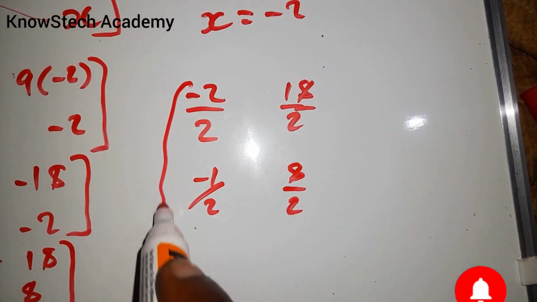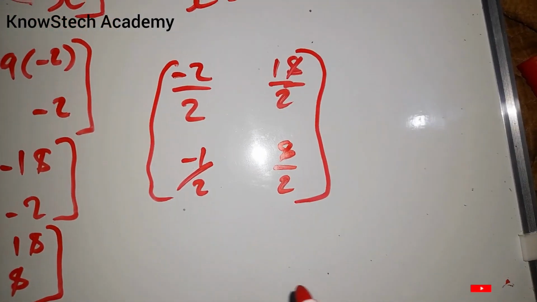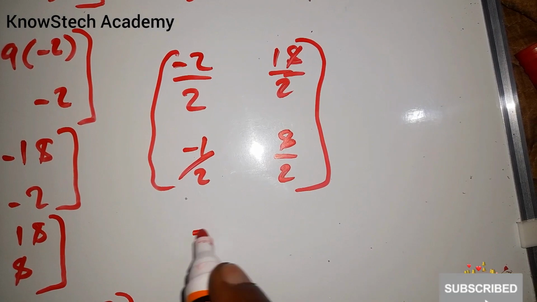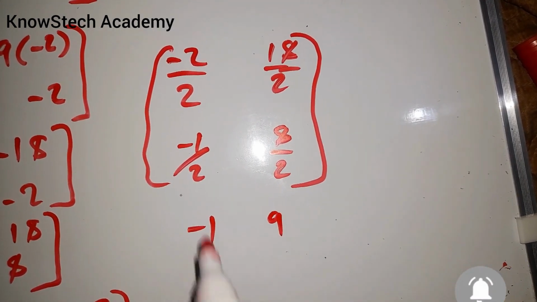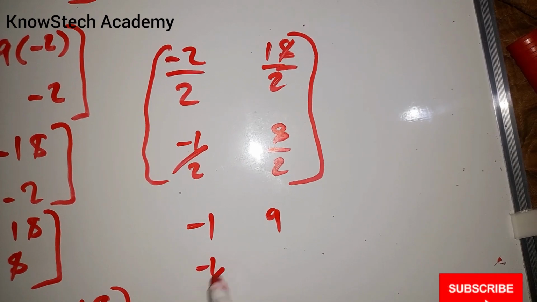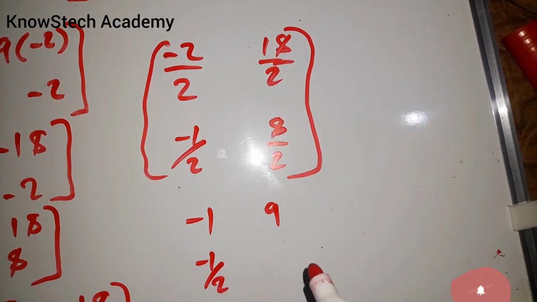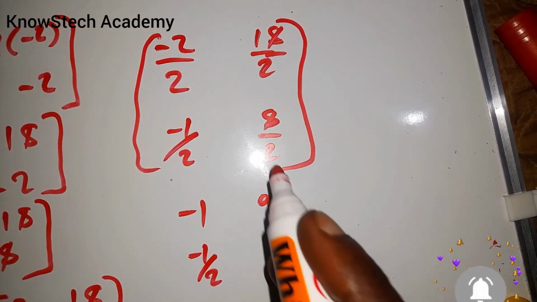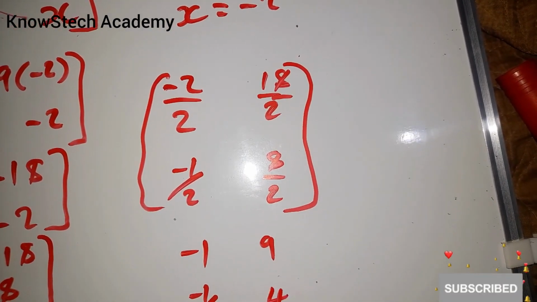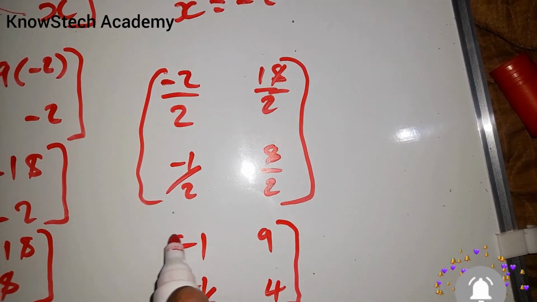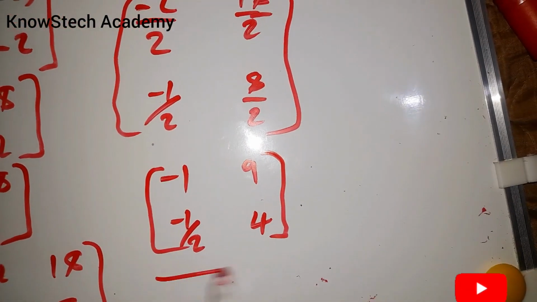Now you can simplify. 2 into -2 is -1. 2 into 18 is simply 9. Here you can just leave it the way it is, as -1 over 2. Already simplified. 2 into 8 is simply 4. So this is the answer.